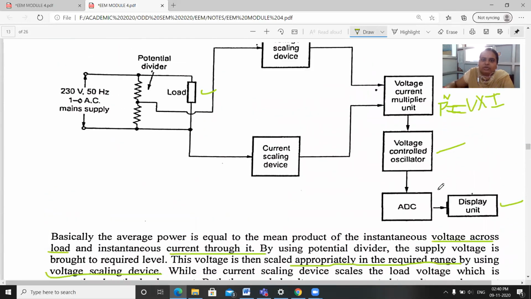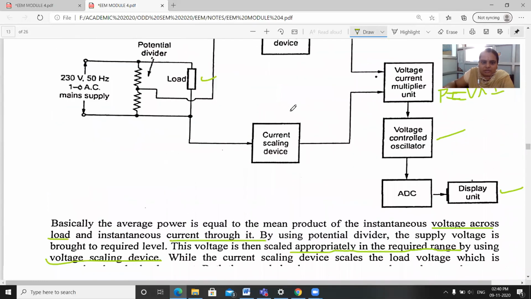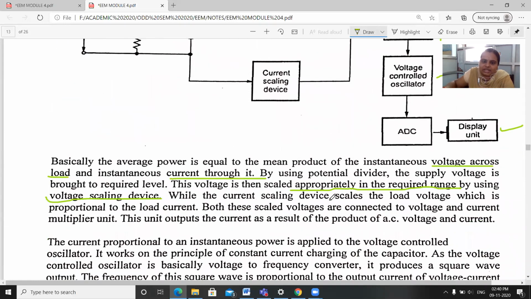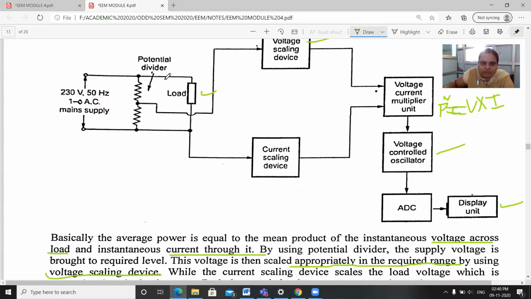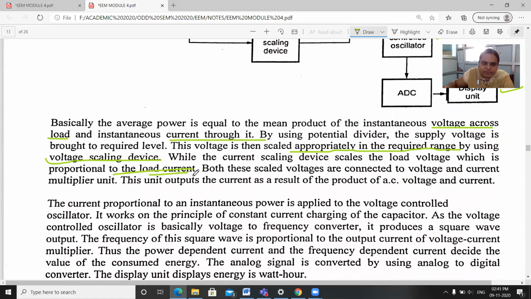While the current scaling device scales the load voltage, which is proportional to the load current, it measures how much current is coming from the load. Both these scaled voltages are connected to the voltage and current multiplier unit.